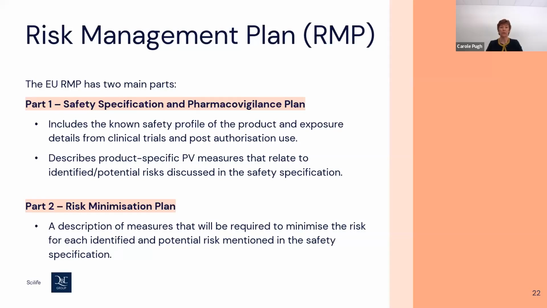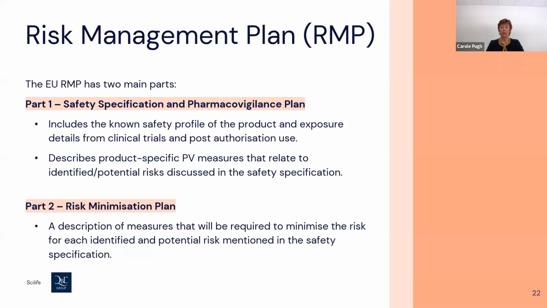The two main elements in the RMP is, first of all, part 1, which really describes the product, the condition it's treating, findings from non-clinical studies that could trigger potential concerns in humans, and explains about the number of patients or healthy volunteers exposed in the clinical trial program and post-authorization if the product is already approved in another country.